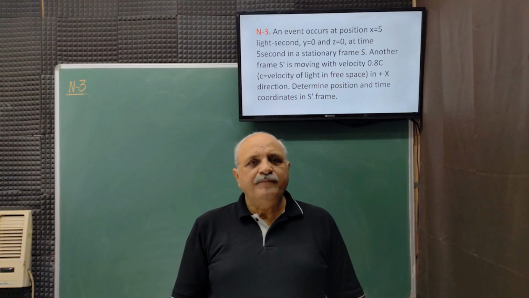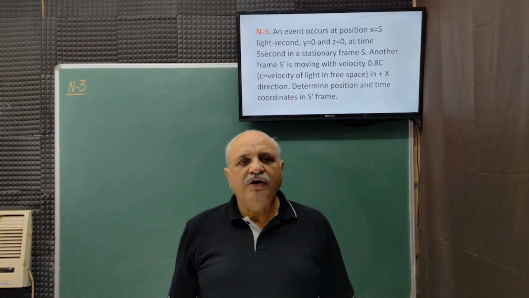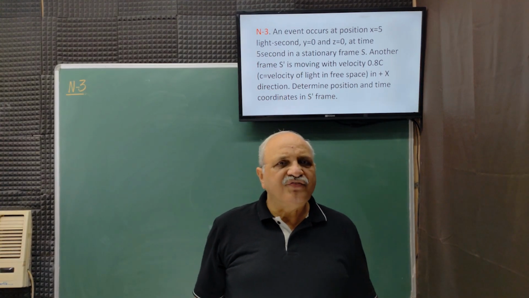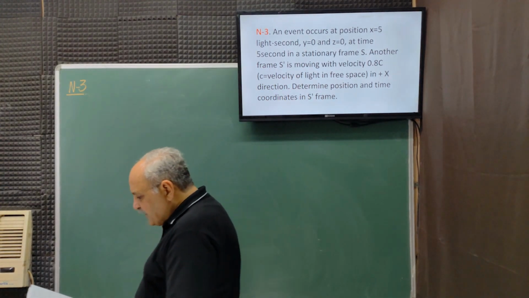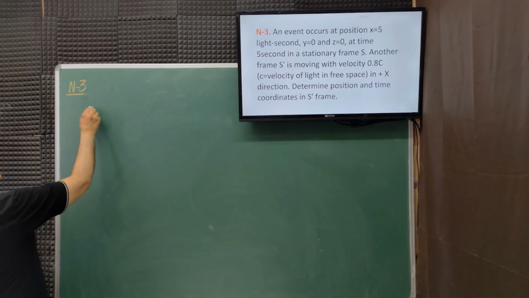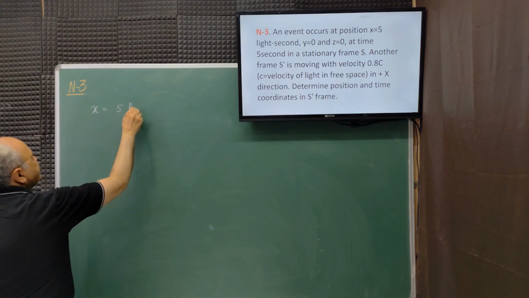Now let's take the third numerical. The third numerical is on Lorentz transformation equations for position as well as for time. What has been given to us? In S frame the position is x equals 5 light second.